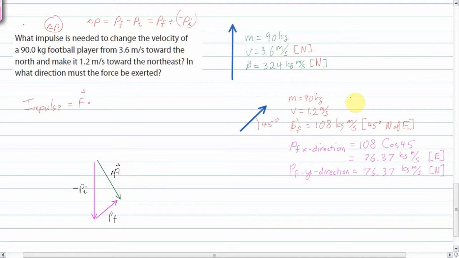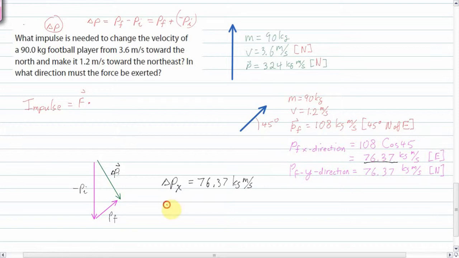We have to do this mathematically now, and that's not too hard. One of them is just in the x, the other one's in x and y. So the change in momentum in the x direction is just going to be this x direction here, 76.37 kilograms meters per second, because that's the only vector that is in the x direction at all.